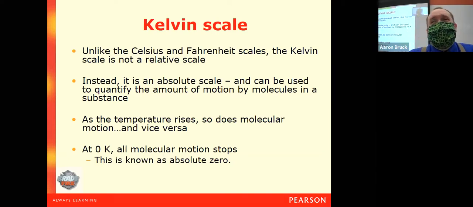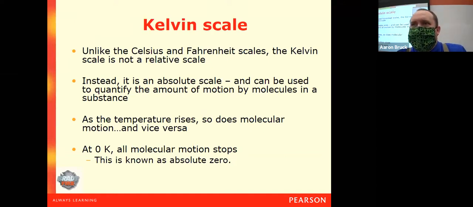For example, this morning it was about 30 degrees outside when we were driving in today. There are only a handful of countries that still use the Fahrenheit scale. We talked about the units already. Very few countries use the customary system, and the Fahrenheit scale is part of that customary system.